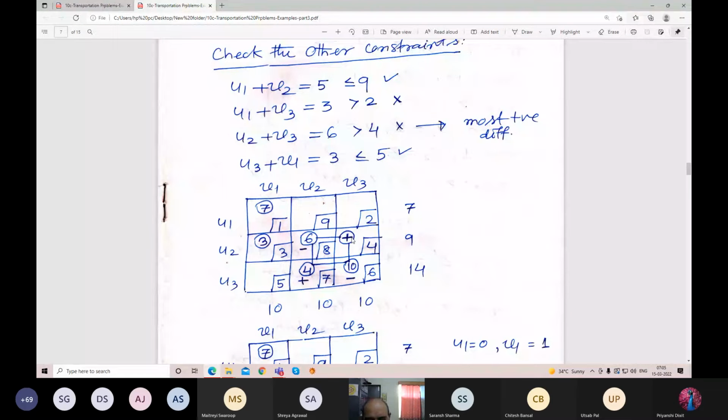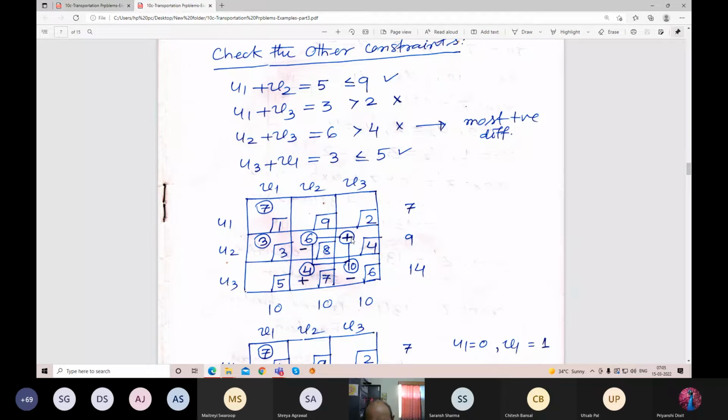Each horizontal and vertical line must be in an allocated cell. On the left side, the 6 is the allocated cell. Again, 4 is the allocated cell. Again, 10, where we mark the join, that is also an allocated cell. So once we have drawn a loop, one point is written plus, meaning that is the entering variable.